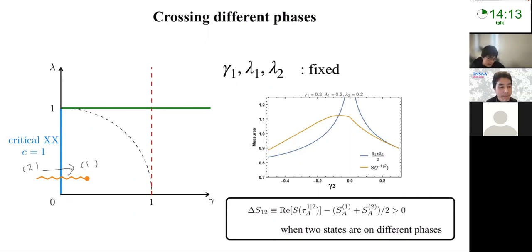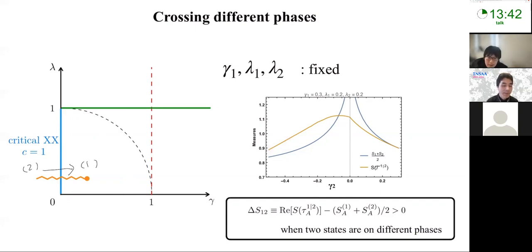There is some subtlety from lattice effects, but in the positive case I am confident to say these two states are in different phases, at least in this example. So it's not necessarily a sufficient condition. Yeah, but if it's positive, at least in this example it definitely belongs to a different phase.